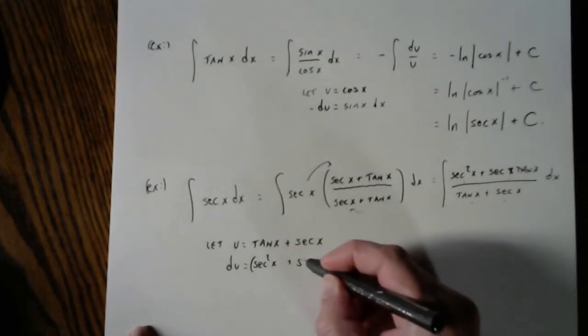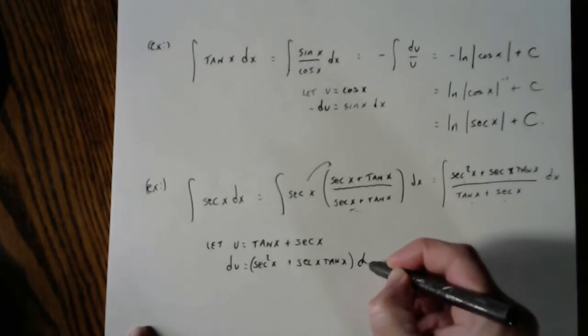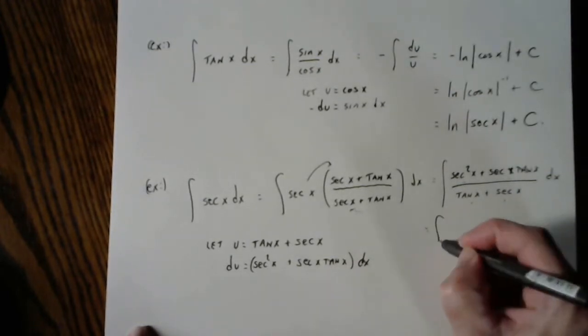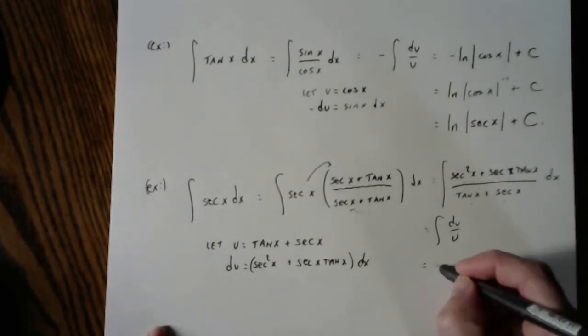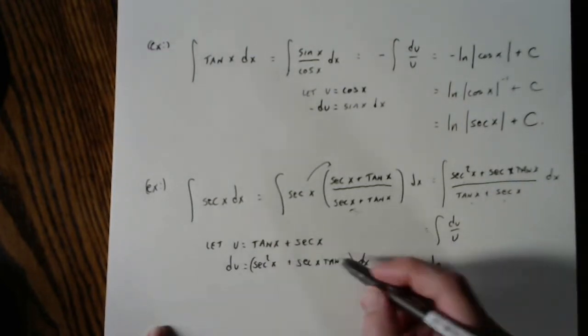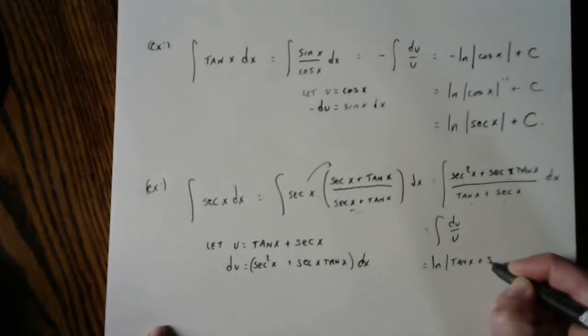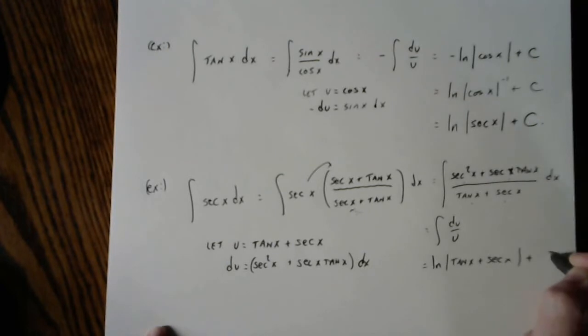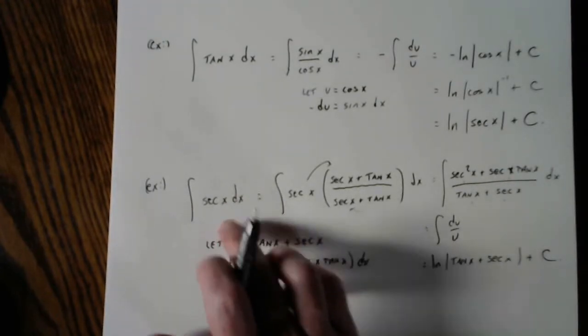Let me put this in parentheses. So what do you end up with? You end up with the same thing. Du over u. Ln of u, which is this, not a very pleasant antiderivative for secant. Cosecant is very similar.